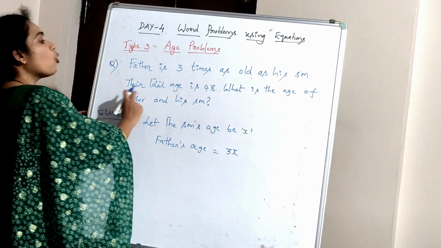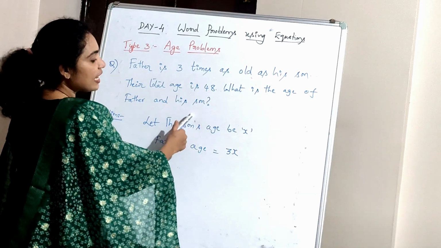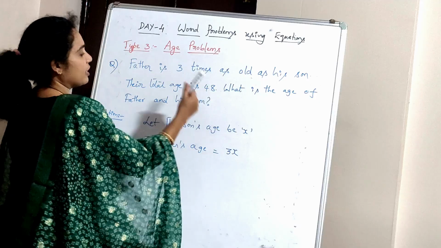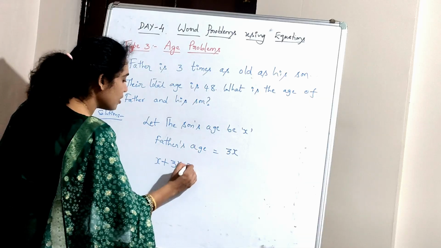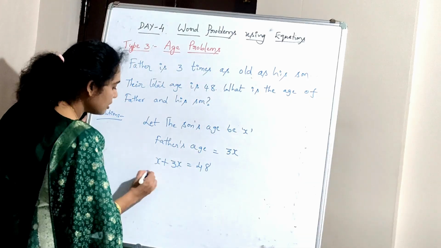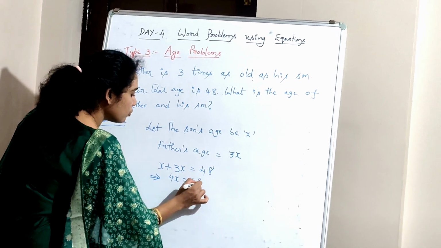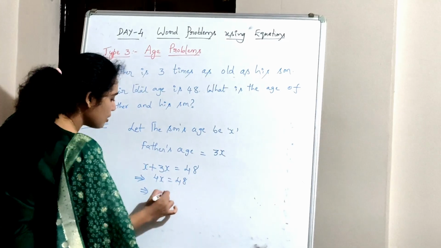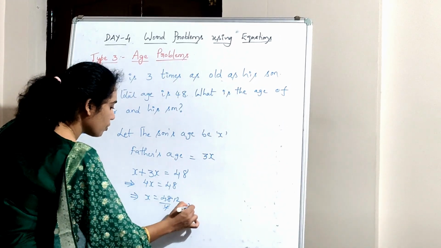Now their total age is 48. That means the sum of the son's age and father's age is 48. So add these two. x plus 3x is equal to 48. On simplification, x plus 3x is 4x. So 4x is equal to 48. Now x equal to 48 by 4 is 12.